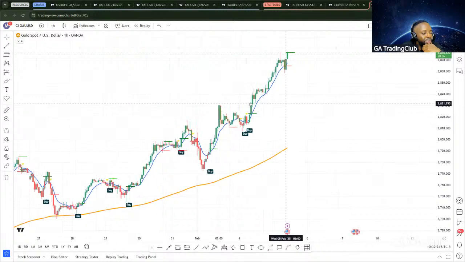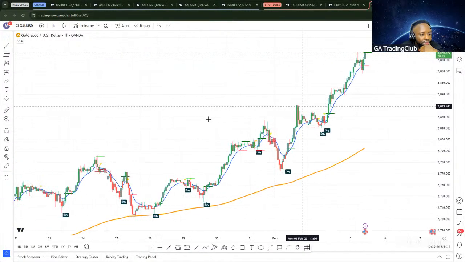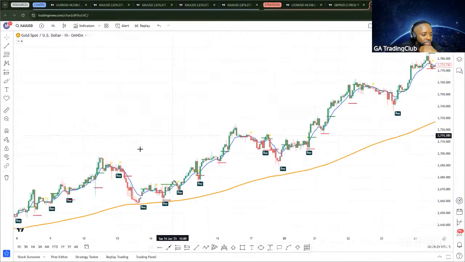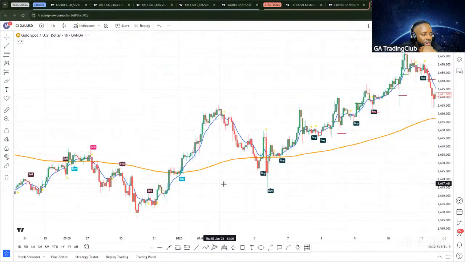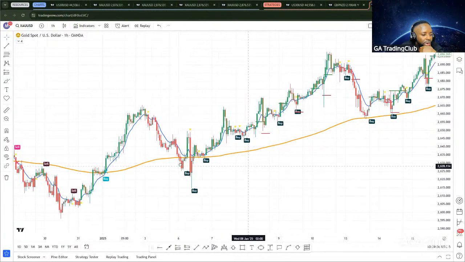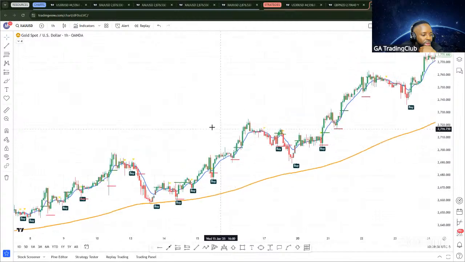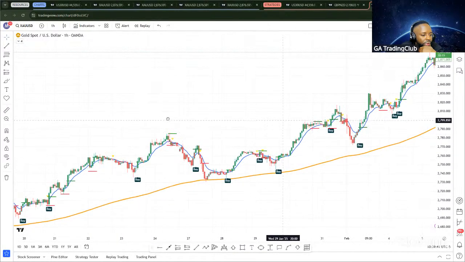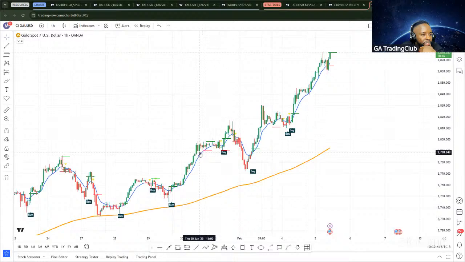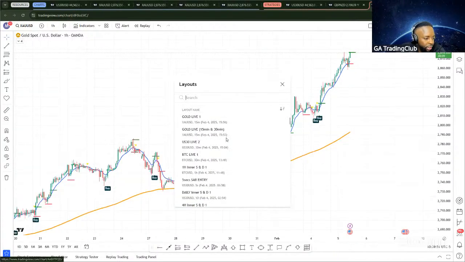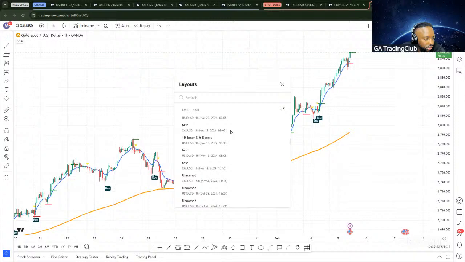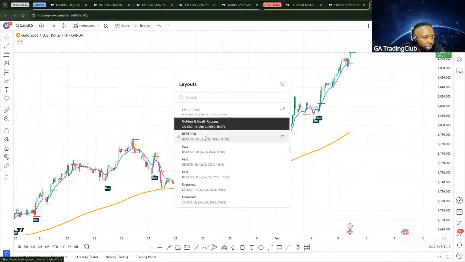I don't know if you guys remember when we used to do the golden crosses and death crosses. Interesting. What other strategies did we use to trade? Let me see. Reversal strategy. I think I remember this one.